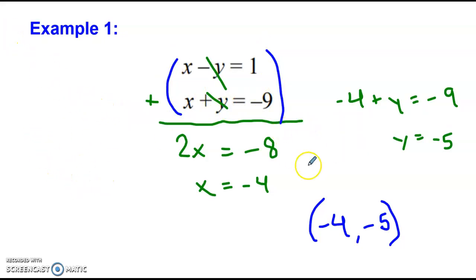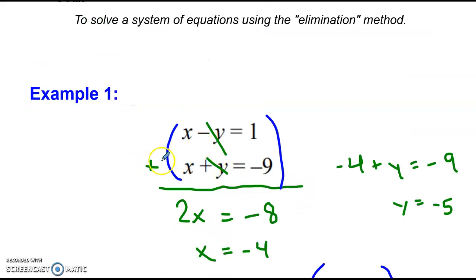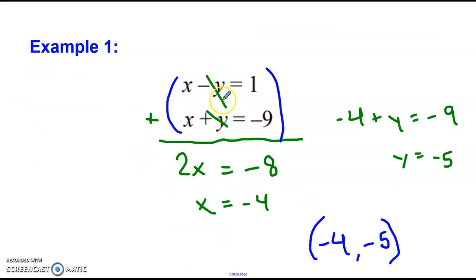Let's look at one more together here. This one might be a little bit more involved. Well, not really, though. This one, I'm going to subtract them this time. You'll see here, in this first example, I added them, right? Because I saw these two opposites, negative y and positive y. I know if I add them that they'll cancel out.